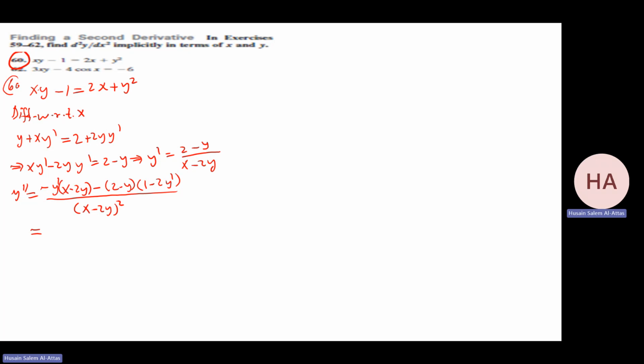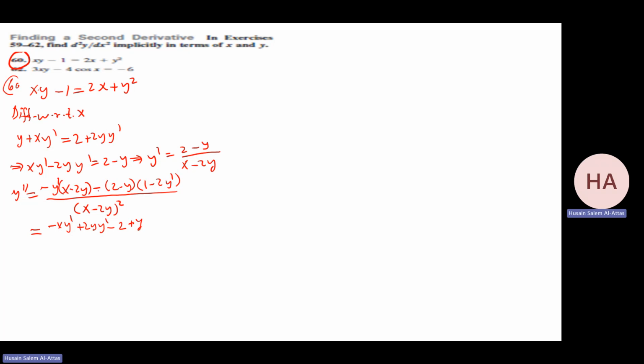I have minus xy prime plus 2y prime, minus 2 minus y times 1 minus 2y prime.